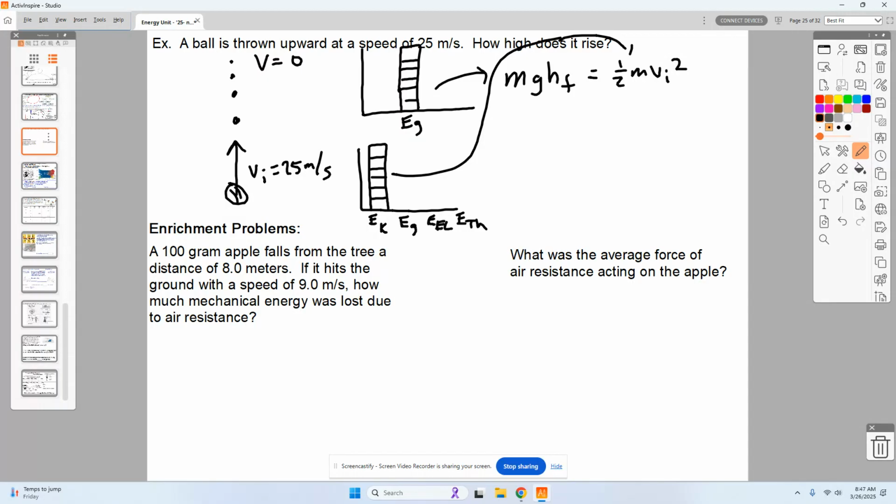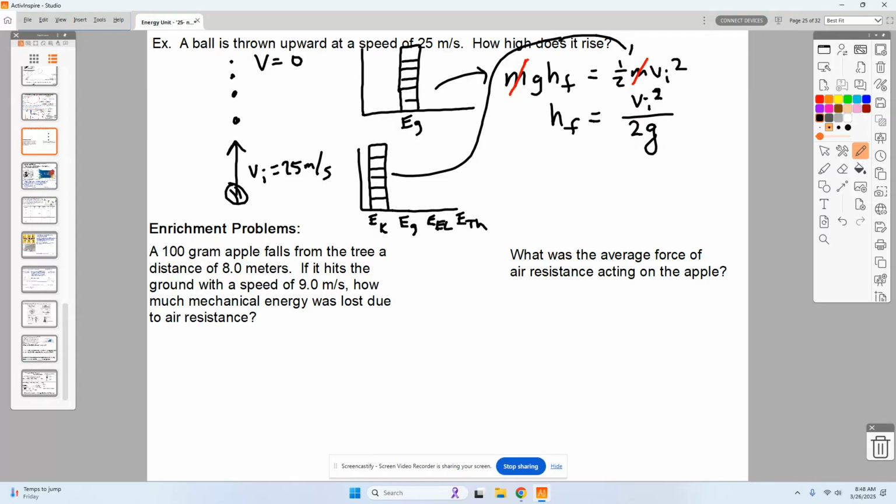For those of you, again, that are really good math students, you see that the mass reduces out. I'm solving for how high it goes, so I'm going to divide both sides by g. It becomes v initial squared divided by twice g.